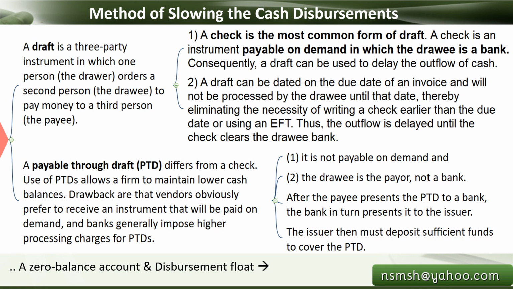A draft is a three-party instrument in which one person, the drawer, orders a second person, the drawee, to pay money to a third person, the payee. For example, if the company wants to pay, instead of paying cash or immediately transferring funds, they send it through a draft, so that draft will automatically have some float.